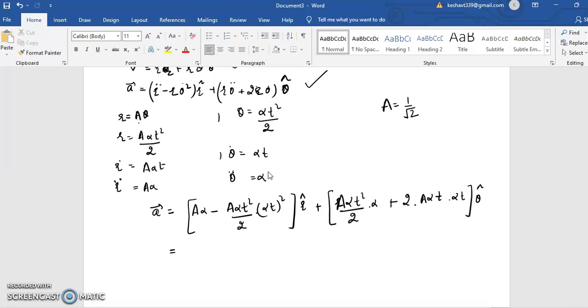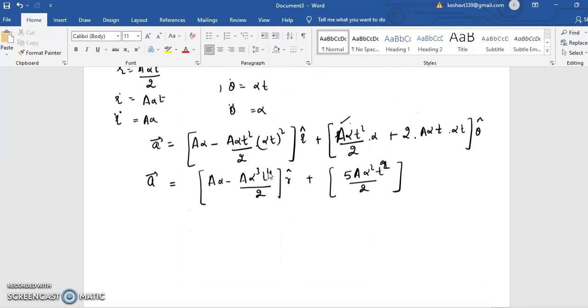If I solve all this, I will get a alpha minus a alpha cube t power 4 upon 2 in r cap, plus in theta cap I will get a alpha square t cube, and by solving all this I will get 5 a alpha square t square divided by 2.